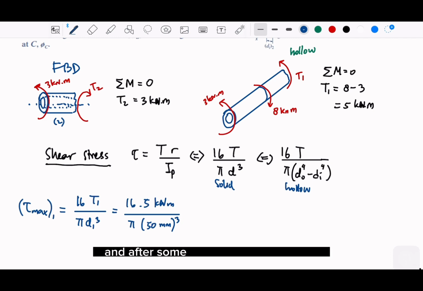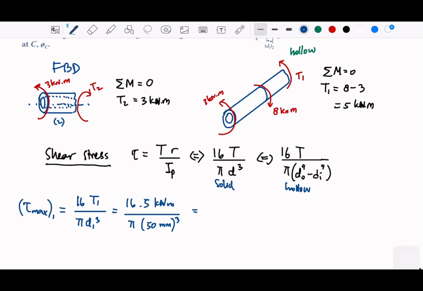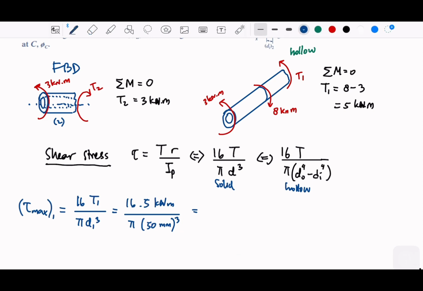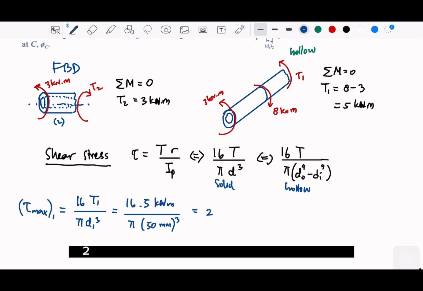And after some conversion for the units, meter to millimeter, then we get this. This is going to be 203.72 MPa or Newton per millimeter squared.